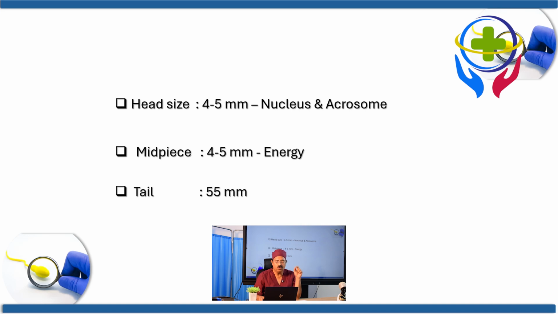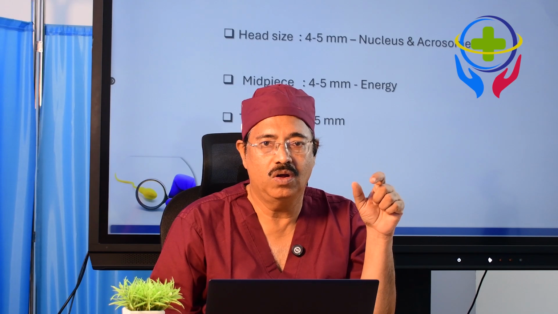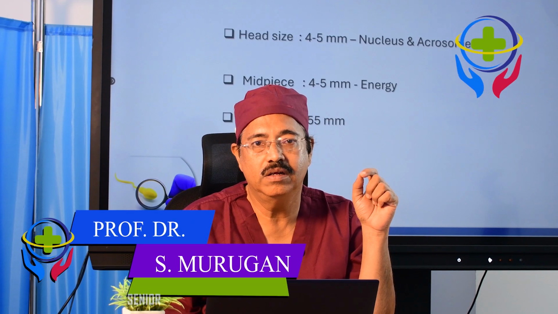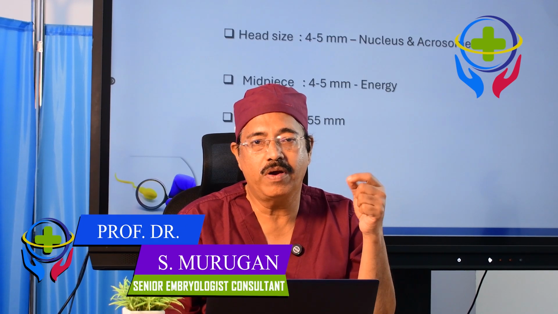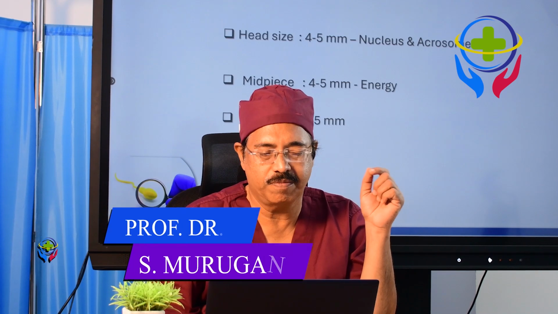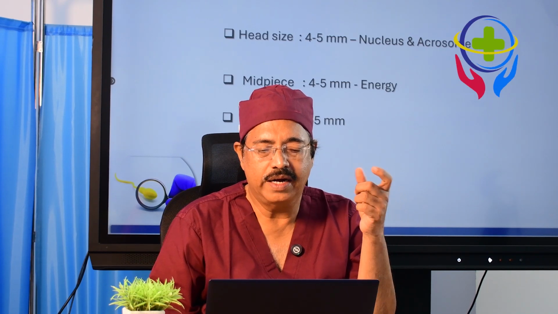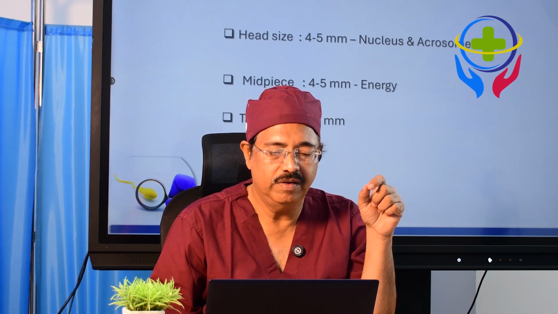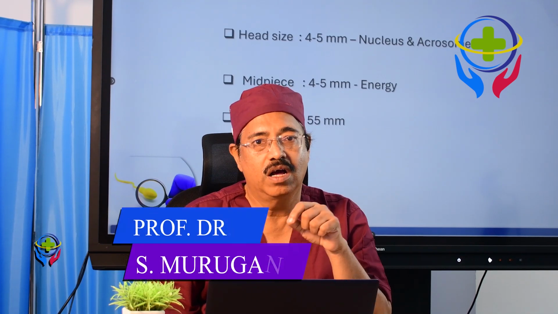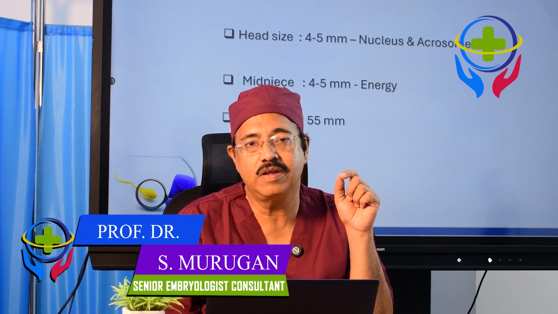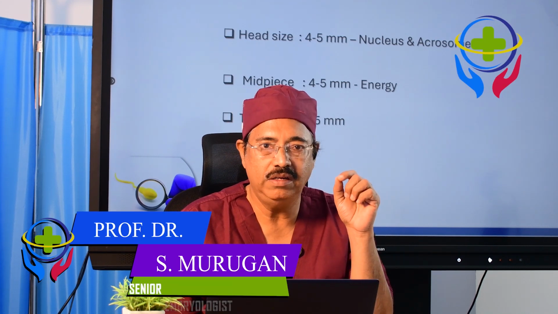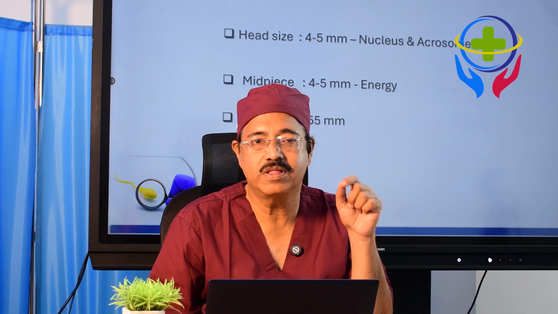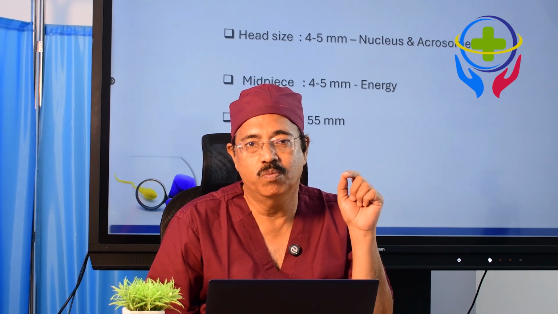It is around 4 to 5 µm long, slender, and 1.5 times longer than the sperm head. And next is the tail, which is around 65 to 75 µm long, very thin, and helps the sperm to move forward.